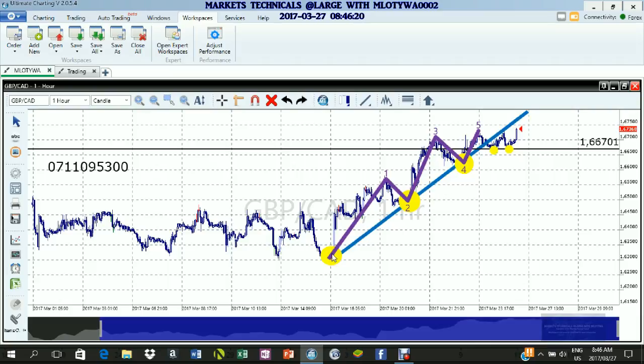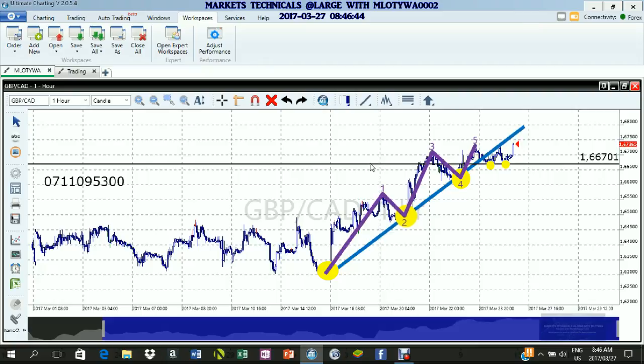You can see it moved up in the form of higher highs, higher lows and lower highs, right? That is clearly denoted by the Elliott wave. You can see 1, 2, 3, 4, and 5. From point 5, we know that here the market is likely to change direction. Around point 5, the market changes direction.